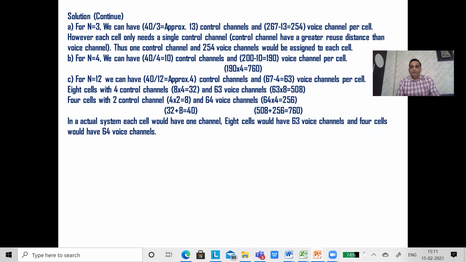For system C, the division is given as 8 cells with 4 control channels and 63 voice channels, and 4 cells with 2 control channels and 64 voice channels. In an actual system, each cell would have one control channel. So 8 cells would have 63 voice channels and 4 cells would have 64 voice channels. So this fulfills the requirement of 760 voice channels.